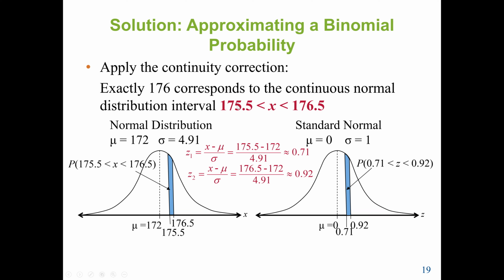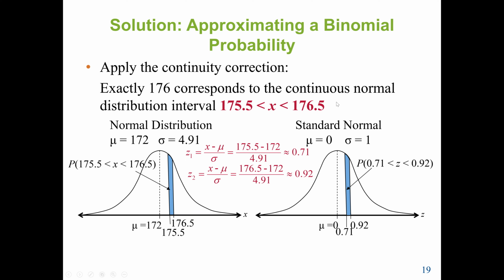Again, the reason we have this is because it is exactly 176. Now, if they said greater than 176, then we use only one, the right side, greater than 176. And if it's less than 176, it will be to the left.